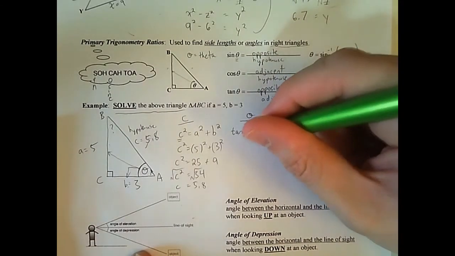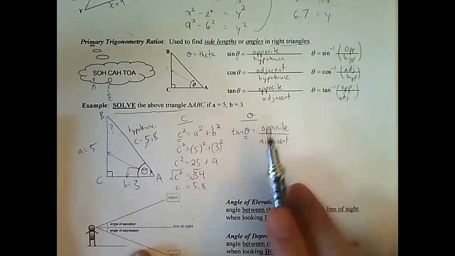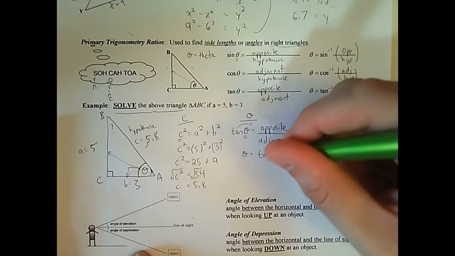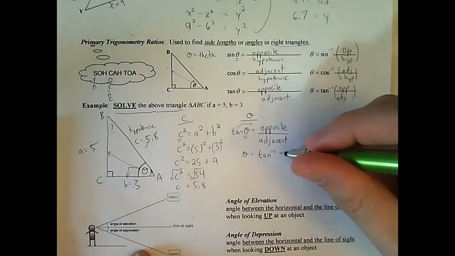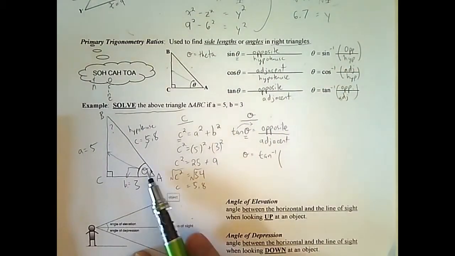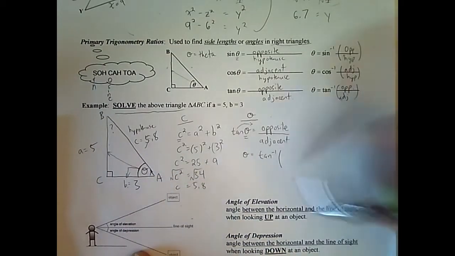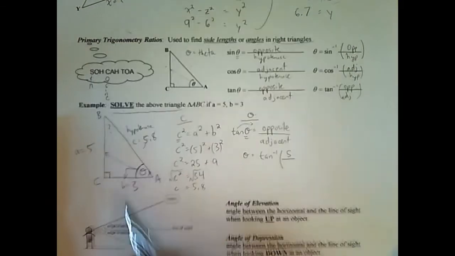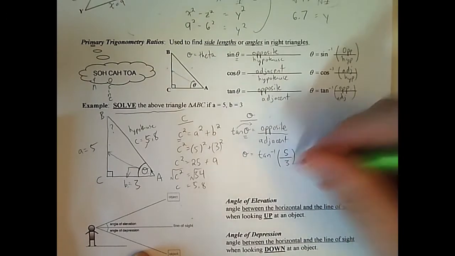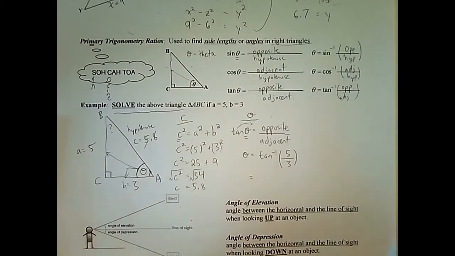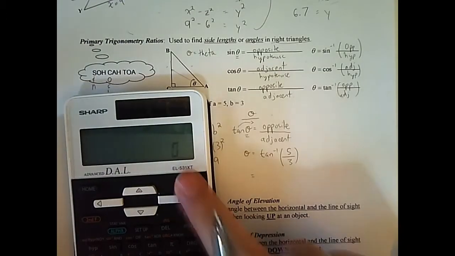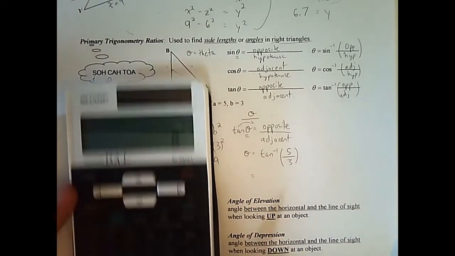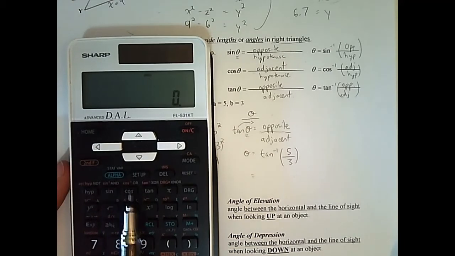I want to figure out what the angle is, so I'm going to move the tan to the other side. So theta is equal to tan -1 times the opposite to theta, which is 5, divided by the adjacent side to theta, which is 3. I put those into my calculator. Here's our sine, cosine, tan.